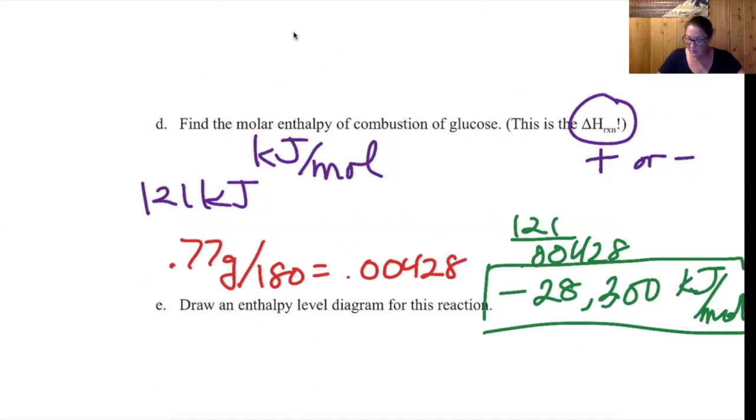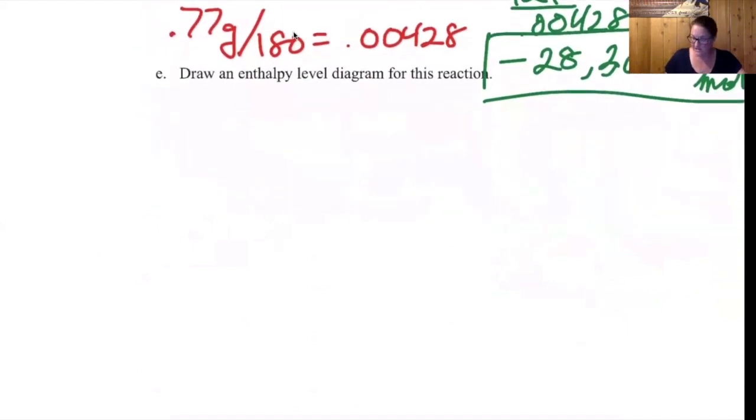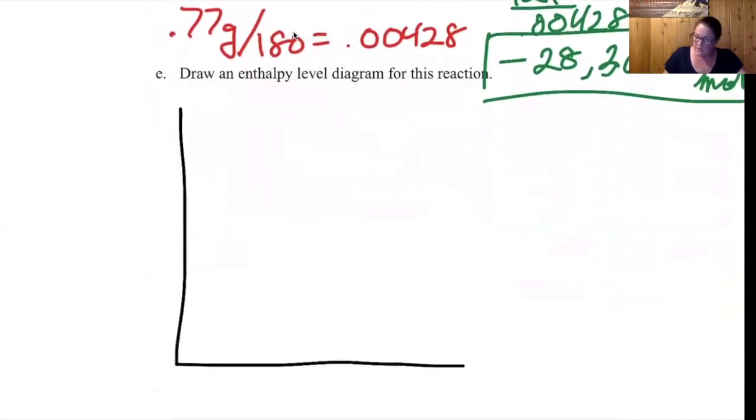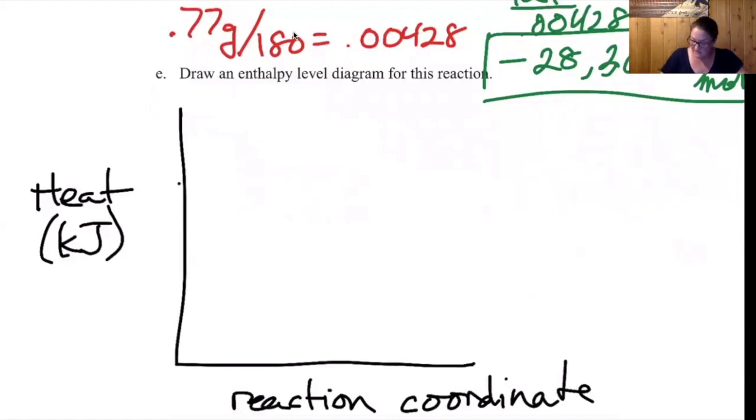The last part of the question here asked me to connect it back to something we did before, which is where we draw an enthalpy level diagram for this reaction. So I'm going to draw my axes. I'm going to label my coordinates, heat, and this is going to be in kilojoules. The X is reaction coordinate or course of reaction. And we're exothermic, so I'm going to start off higher than we finish.